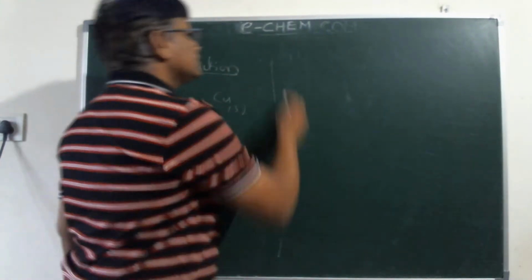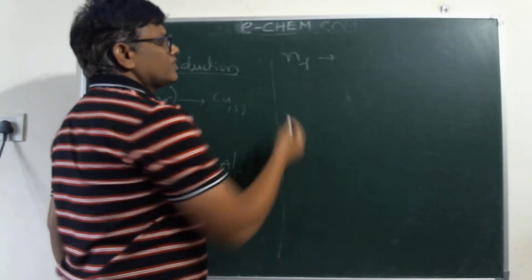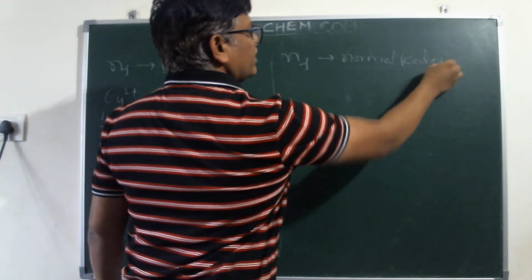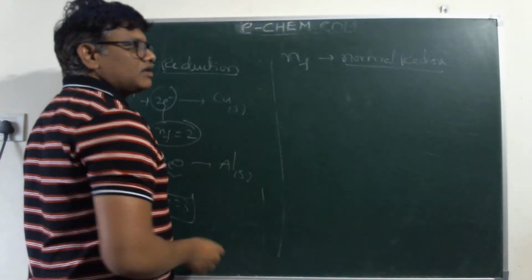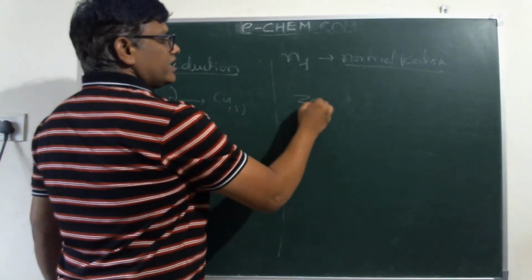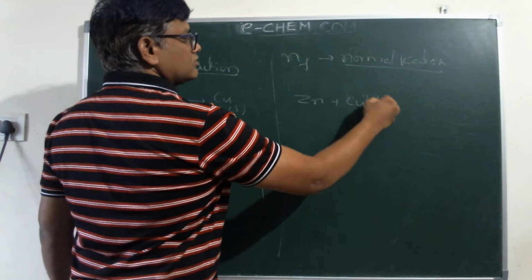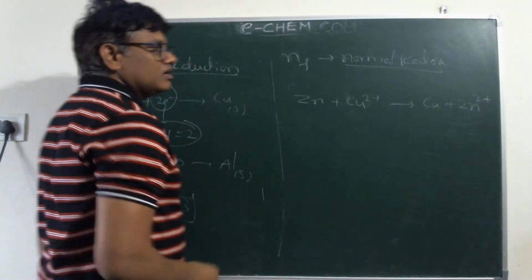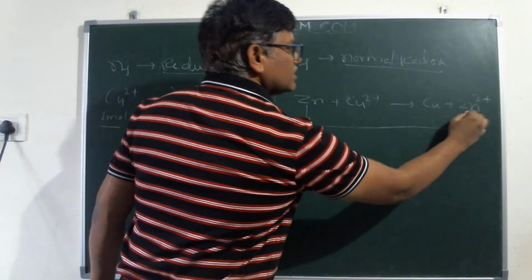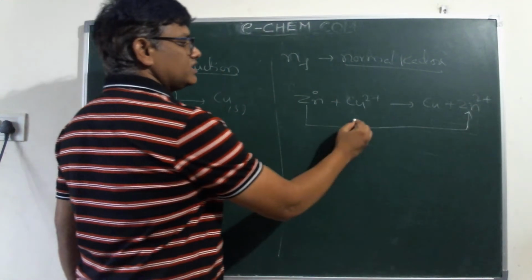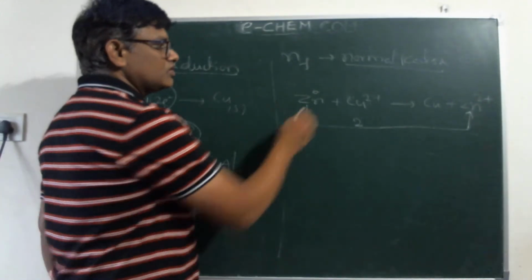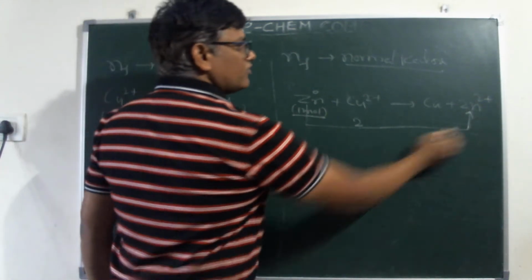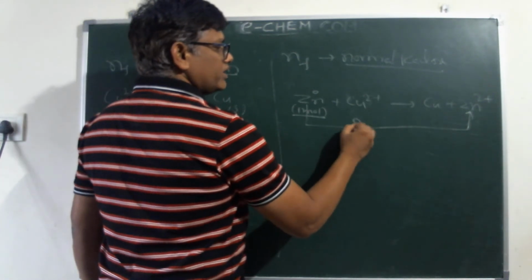Let's go for the calculation of the n factor for normal redox reactions. I am taking a complete redox reaction. For example, I am taking the Daniell reaction: copper 2+ plus zinc gives copper plus Zn2+. In this reaction, zinc is converting into Zn2+ with a change of oxidation state from 0 to plus 2. So for 1 mole of zinc, the change of oxidation state is 2, so the n factor is to be taken as 2.